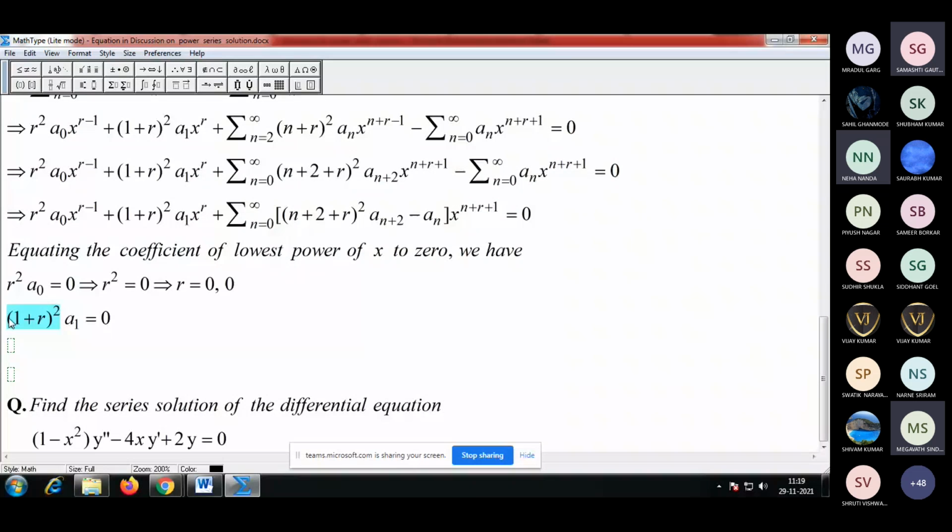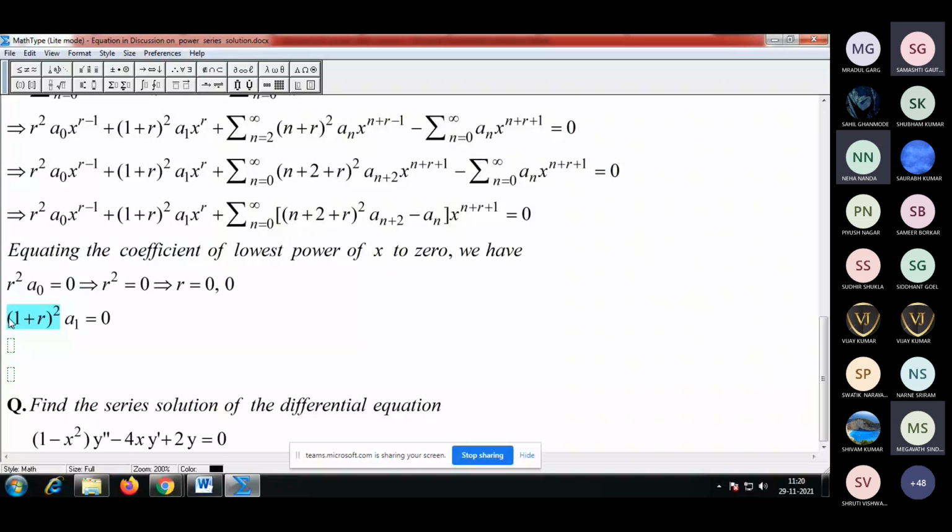If you assume this as 0, in that case you will get the value of r as -1. So it is not going to contradict your position, because you have already evaluated the value of r. r has come as 0, 0. Yes, Mithilesh? Yes, sir.